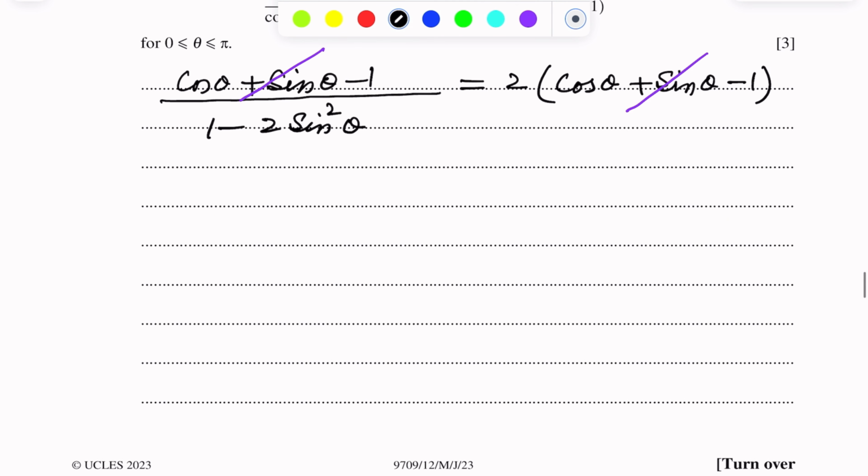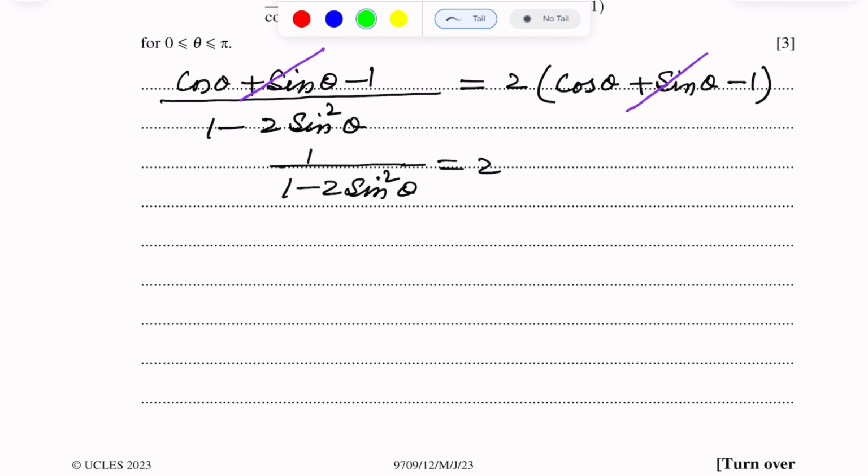We get 1 over 1 minus 2 sin square theta is equal to 2. So we can write it in this form: 1 minus 2 sin square theta is equal to 1 over 2.